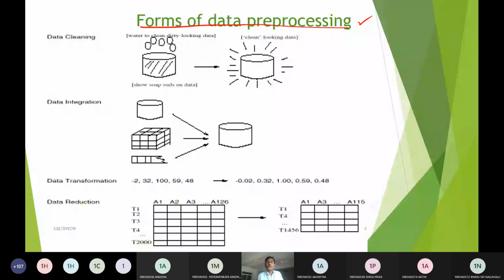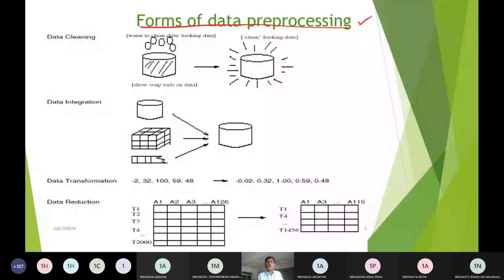So we will be getting data from multiple sources. Integration, I can explain using language. The mother tongue is Hindi, mother tongue is Tamil, and mother tongue is Urdu. Now for all these I need to teach a class.